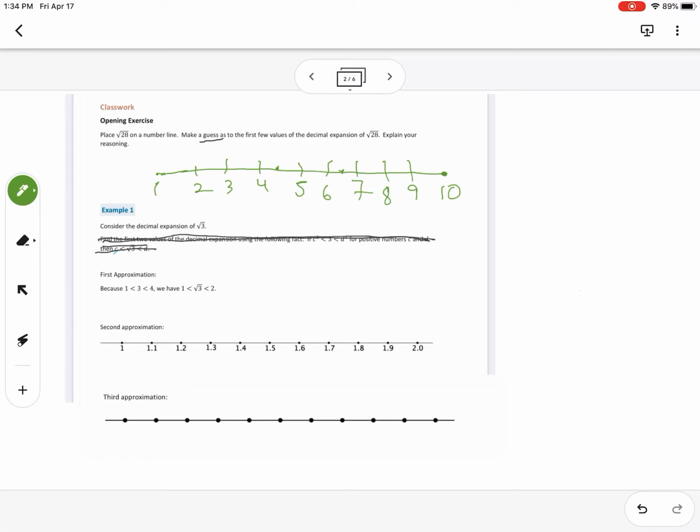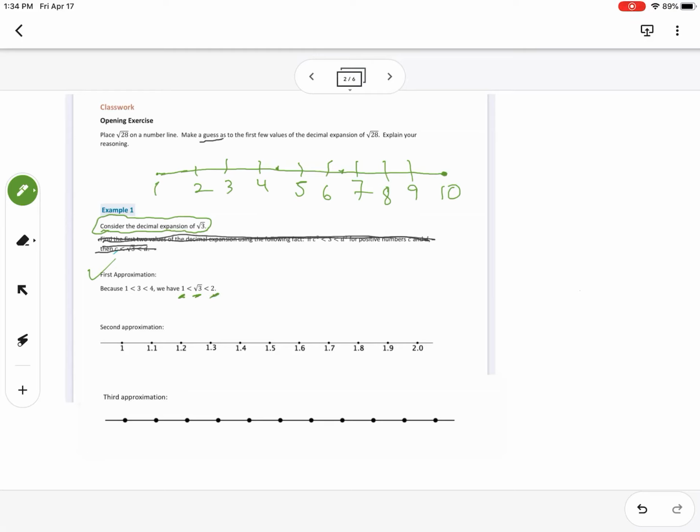So for example 1, it's saying consider the decimal expansion of the square root of 3. For our first approximation, they know the square root of 3 is bigger than the number 1 and smaller than the number 2.